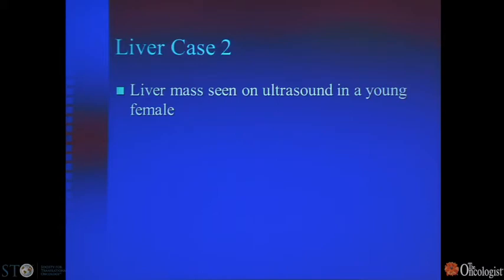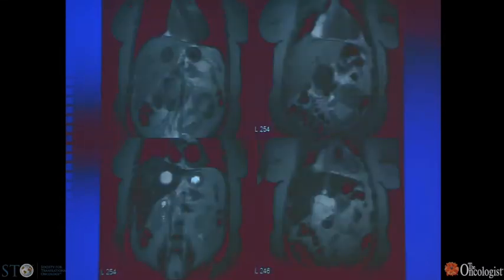But in contrast, in the second patient, there was a liver mass seen on ultrasound in a young woman, and there were two lesions seen, one of which is pedunculated. They were hyperintense on fluid-sensitive imaging. And I'll make one point here, which is that it used to be that in comparing CT and MR, one would extol the virtues of multiplanar imaging in MR, because one was confined to axial images on CT.